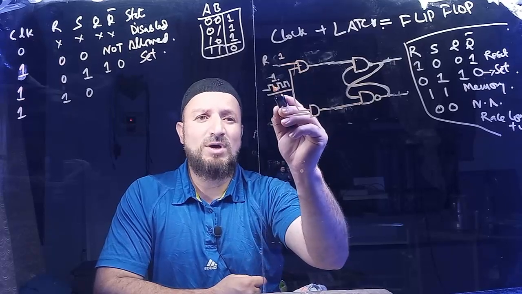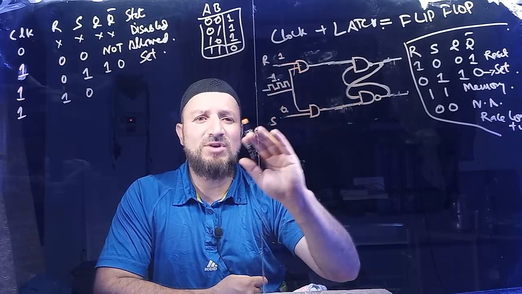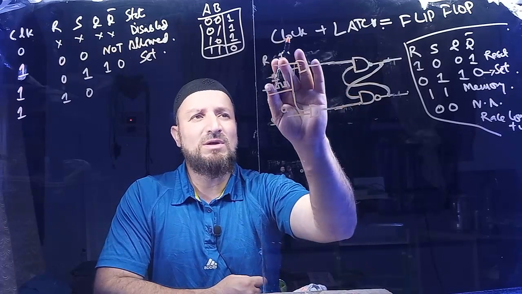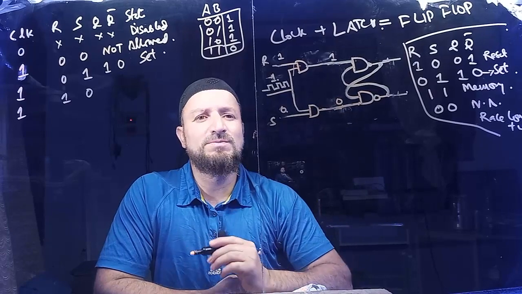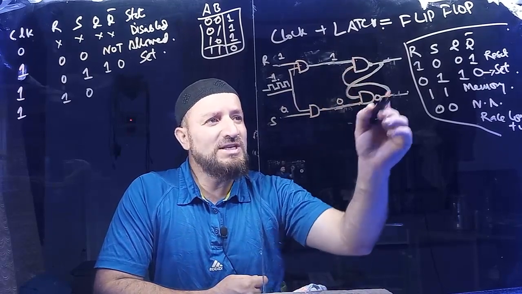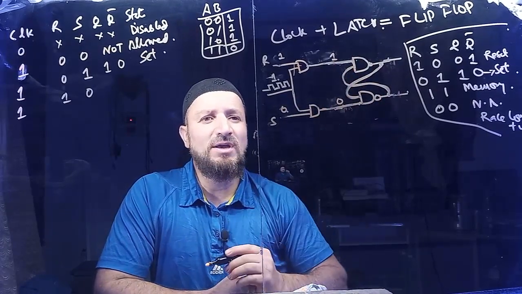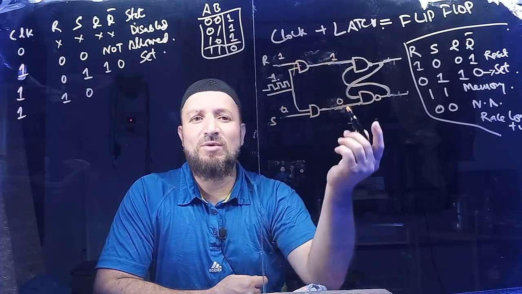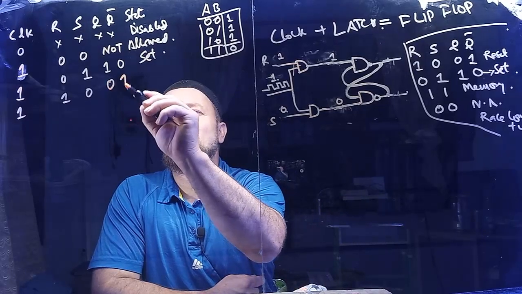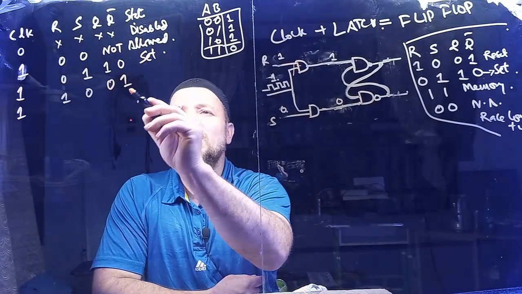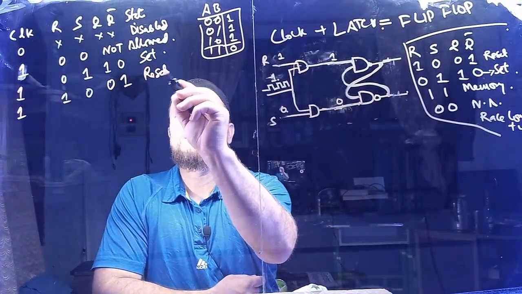If the clock is 1, the AND gates will be totally transparent. Whatever is here comes here. So 1 and 0 comes here. When the top side of this latch is 1, it's going to reset. We know that. That is, Q will be 0 and Q complement will be 1. So it's going to be the reset state.